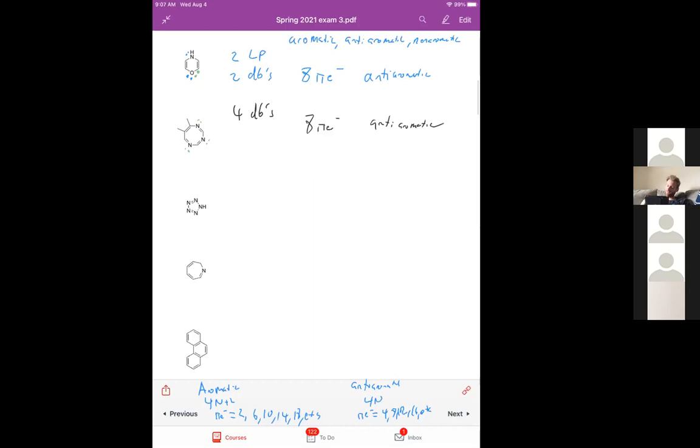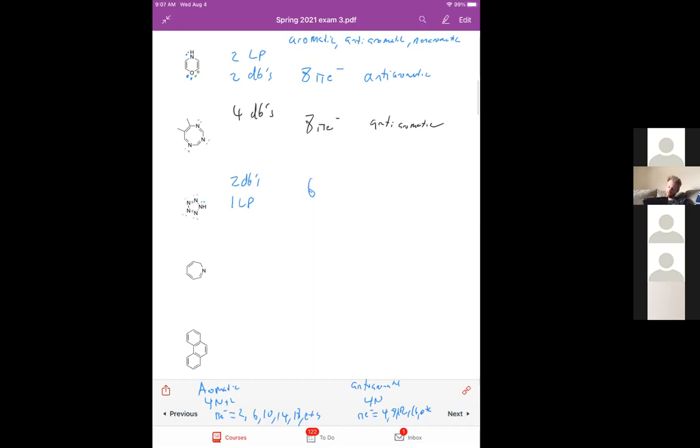Let's see. Most of these have a double bond on them, but this nitrogen here does not. So we have one set of delocalized, 4 sets of localized, 2 double bonds, 1 delocalized lone pair.